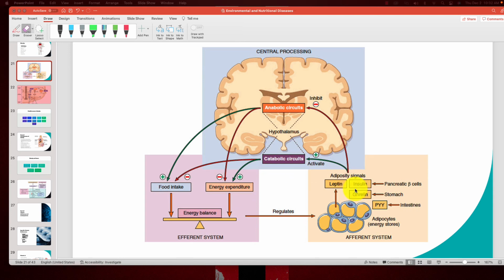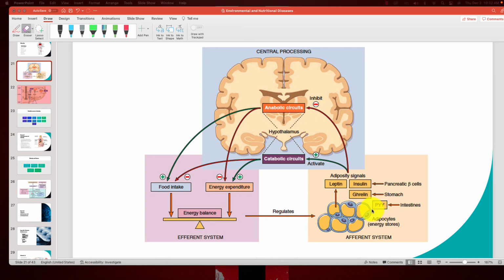Something that you might not be aware of is for a long time, adipose tissue was just considered to be the tissue where we store and house fat. But through research, we've realized that adipose tissue is an endocrine tissue. So it secretes hormone messages that will communicate with the hypothalamus and other parts of the brain, and the hypothalamus will tell the body how to respond to these signals.